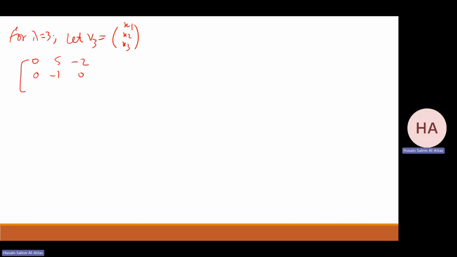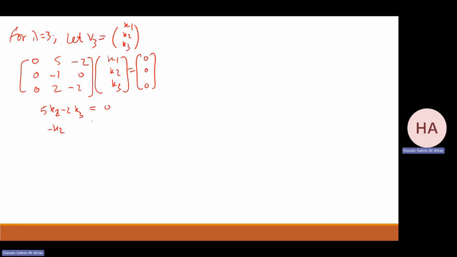And the last one is 0, 2, 1 minus 3, so that will be 0, 2, minus 2, times k1, k2, k3 equals 0, 0, 0. So I have 5k2 minus 2k3 equal to 0, and minus k2 is equal to 0, and 2k2 minus 2k3 equals 0. Here I'm getting k2 equals 0, plug it there, so I have k3 equals 0.